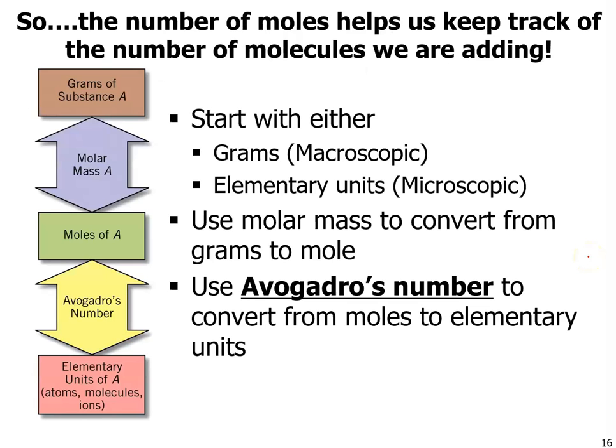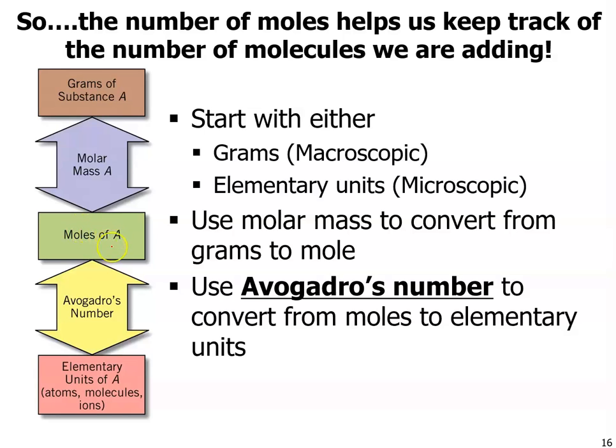We're going to use molarity to really get a hold on what we can actually measure in the lab space. And it allows us to connect the grams of something, and we use that molar mass as a conversion factor to give us the moles of something.